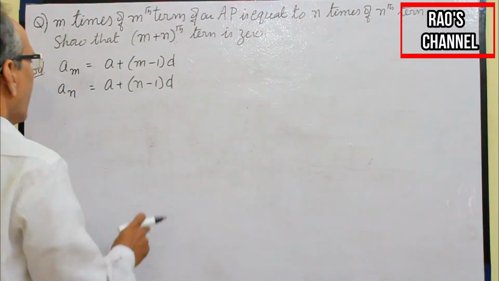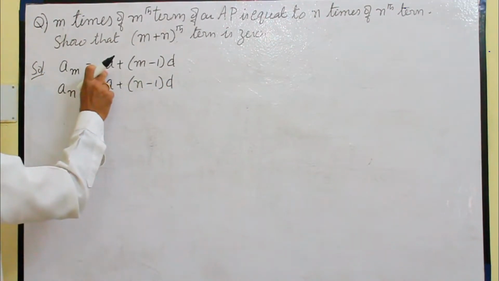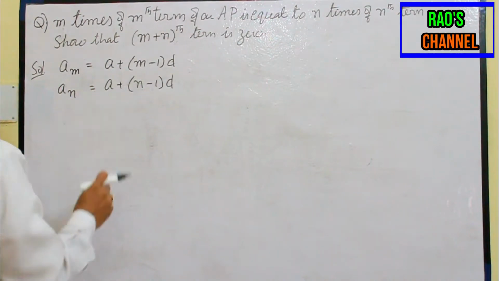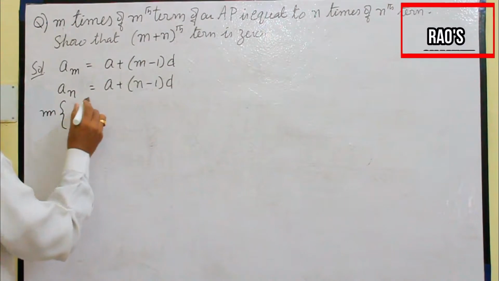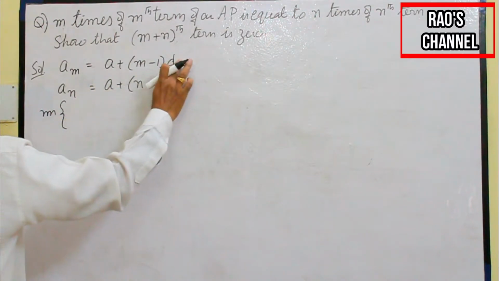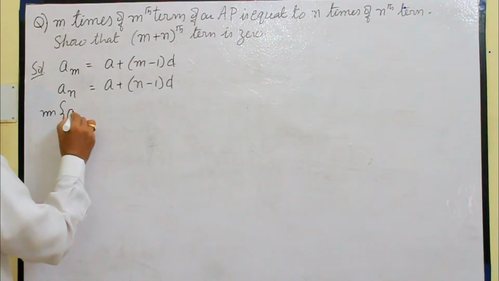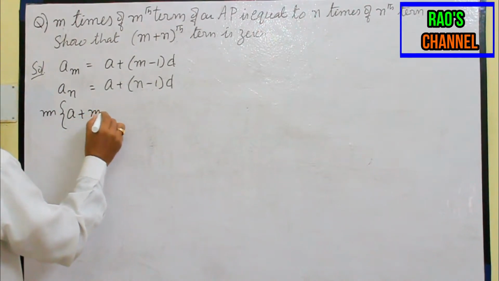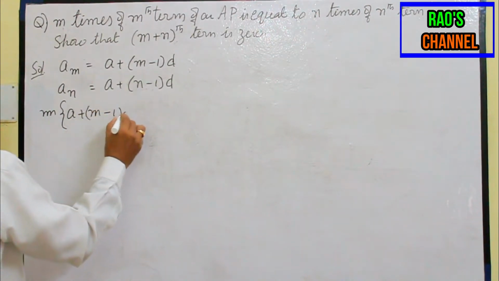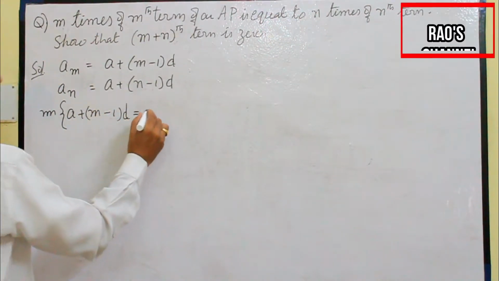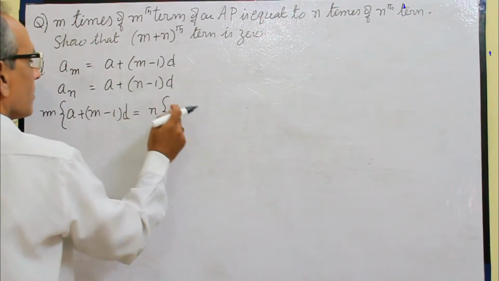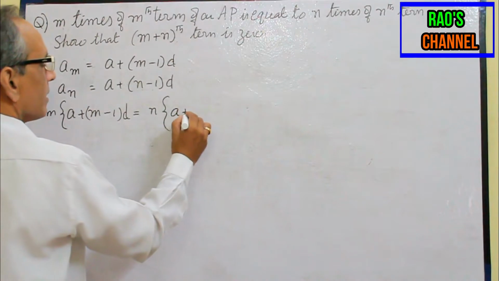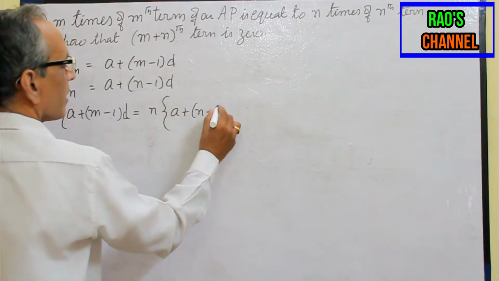By the question, m times the mth term is equal to n times the nth term. That is, m times (A plus (m minus 1)d) is equal to n times (A plus (n minus 1)d).